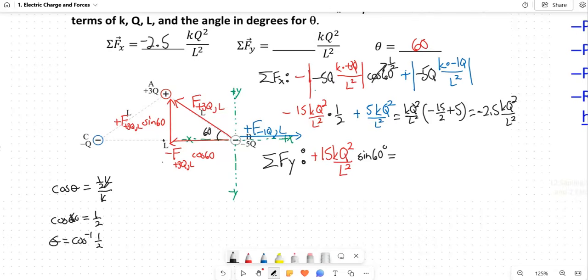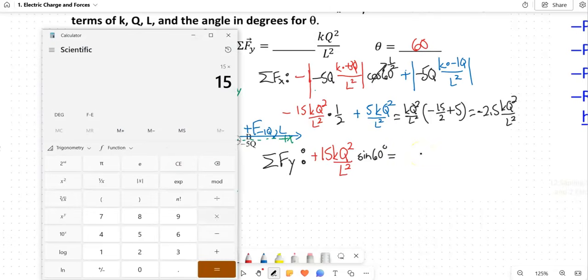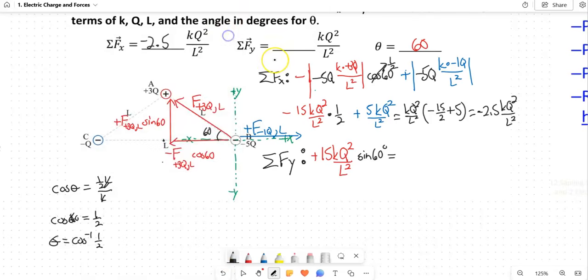So this is going to be 15 times 0.866, which is 12.99 KQ squared over L squared, which is just, oh, I forgot the plus, which is just 13. Which would be 13.0.